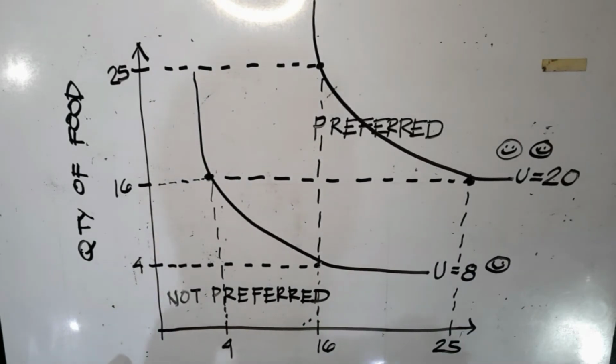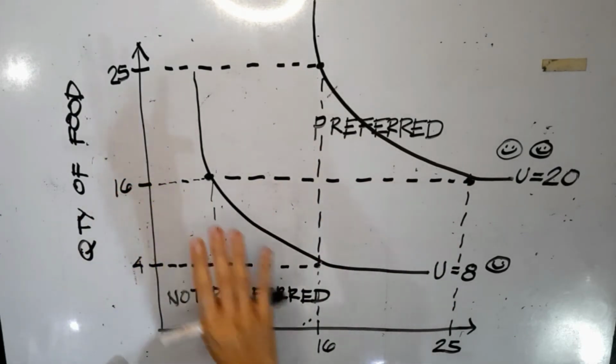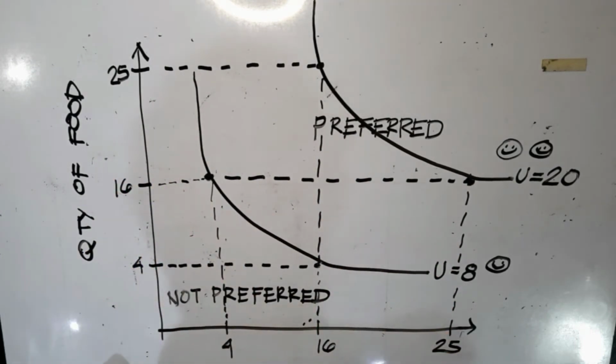Of course, you would want more of both food and clothing. Unfortunately, you would face a budget constraint that will limit your purchase. So suppose you have an income that would affect the quantity of food and clothing that you would purchase.